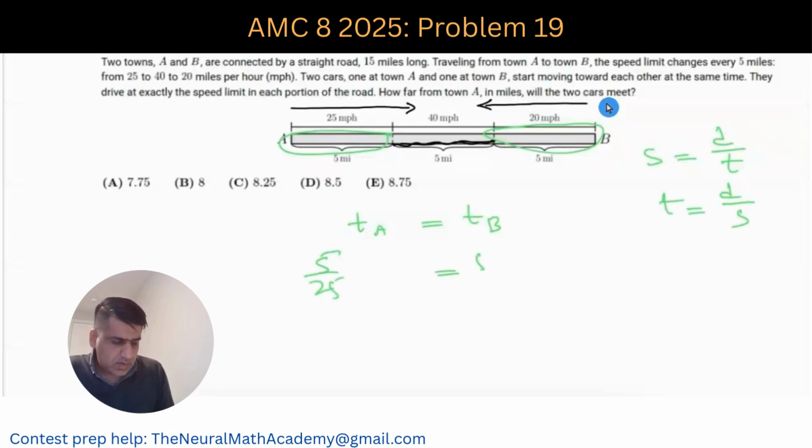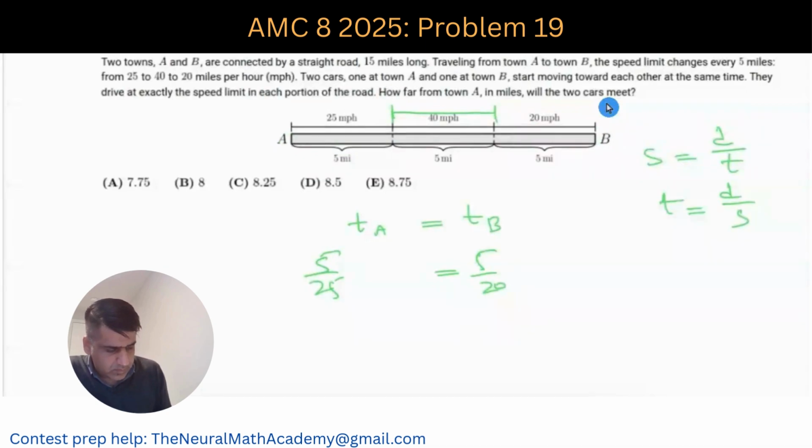So now we don't know where they will meet in this portion, right? So what we can do is assume, let's say that this is z, and then this is 5 minus z.